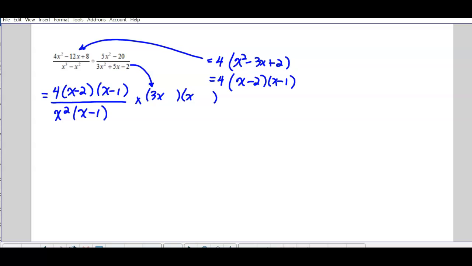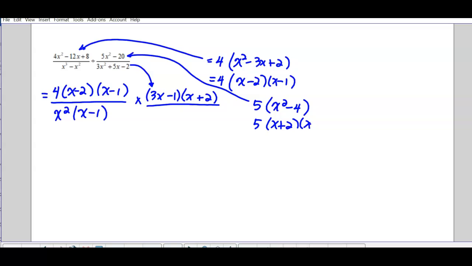Two numbers that multiplied in negative 6 add to 5 would be positive 6 and negative 1. So plus 2 there, minus 1 there. Now in my numerator that now becomes the denominator, I see there's a common factor. And that's a difference of squares. So again, I'm going to do this on the side and then put it back in.